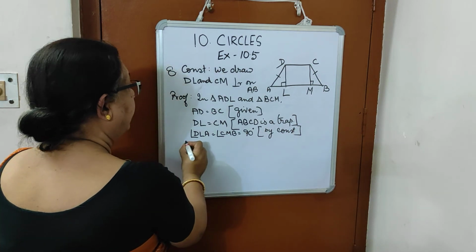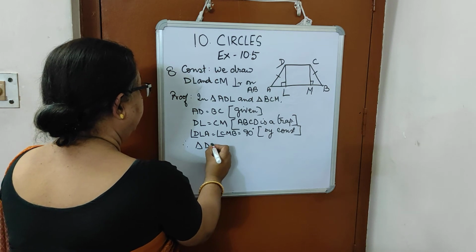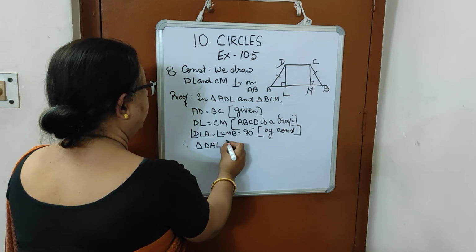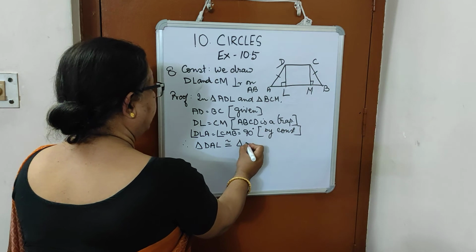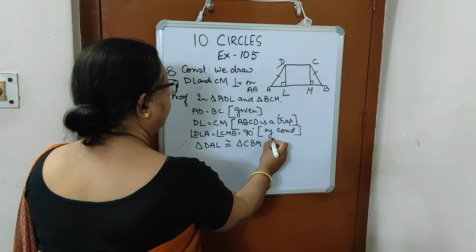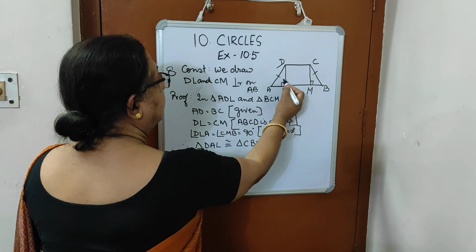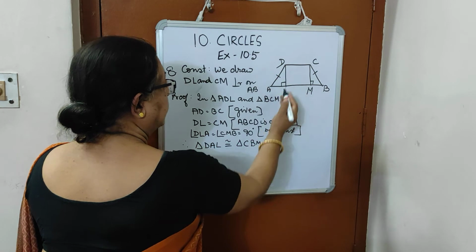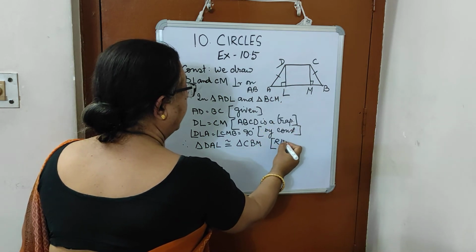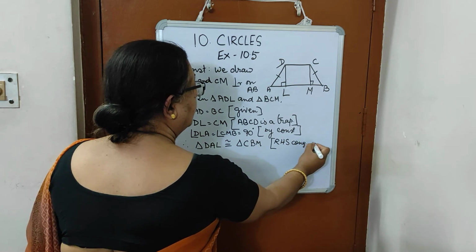So therefore we can write the two triangles are congruent. Triangle DAL congruent to triangle CBM. Which rule? This is 90 degrees, this is the hypotenuse, one side. So we have RHS congruency rule.